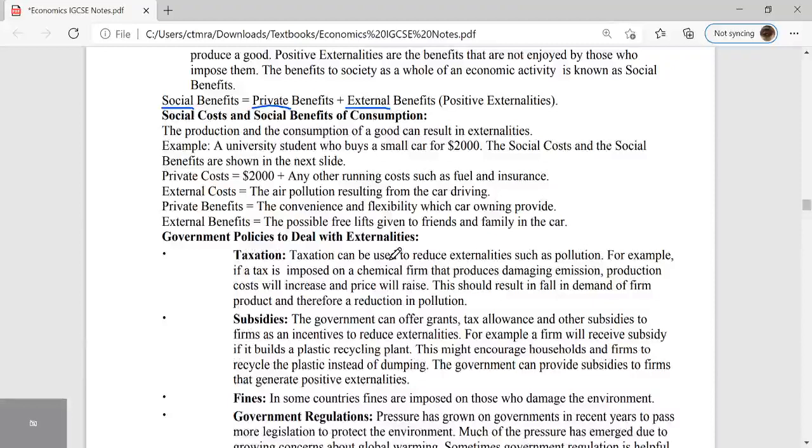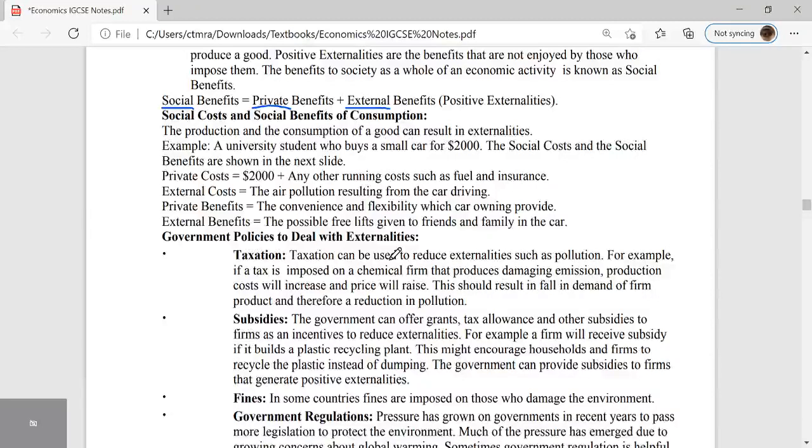At the same time, they can provide subsidies to activities which are against pollution, or to environment-friendly productions, and also to those activities which have positive externalities.